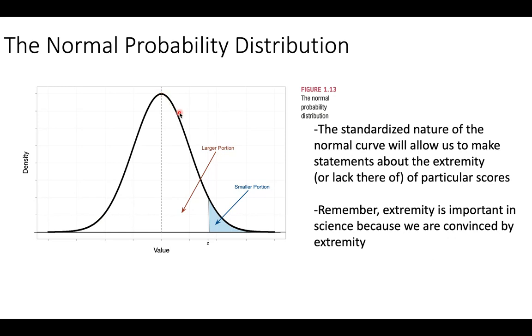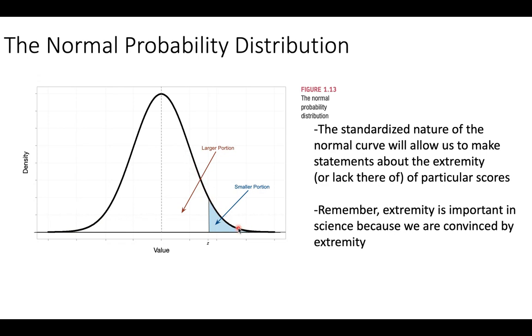Versus if I claim to have a high IQ and I score way over here in the high portion of the IQ curve, right? If this is the average, then moving to the right on the x-axis indicates an increase in IQ. And as IQ increases, there are fewer and fewer people who have that IQ.